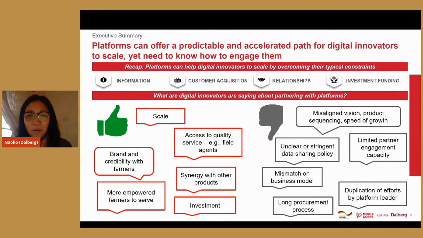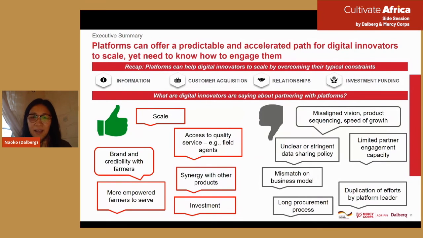The tech innovator can also get access to quality channel services like field agents by working with the platforms. And also because a technology innovator plugs in, they get a synergy with other products. That means farmers are also empowered. And given that scale potential, they might mobilize additional funding, either from the platform leaders themselves or external funders.